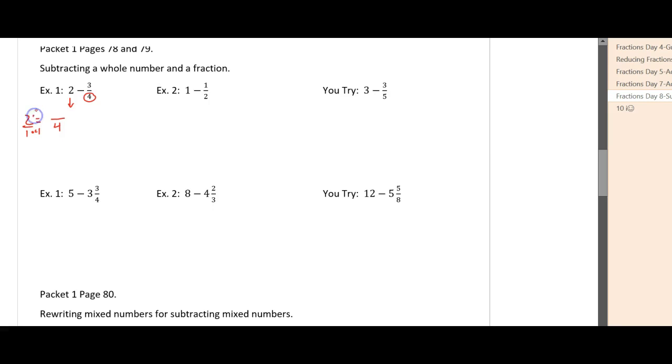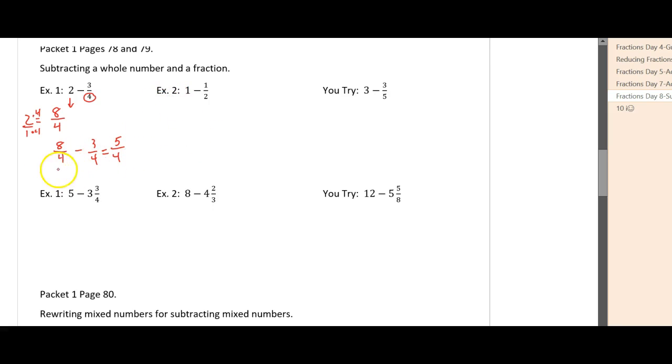What do I have to multiply 2 by? 4. 2 times 4 is 8. So we're going to rewrite this problem as 8 over 4 minus 3 over 4, which gives me 8 minus 3 is 5. Carry the denominator of 4.